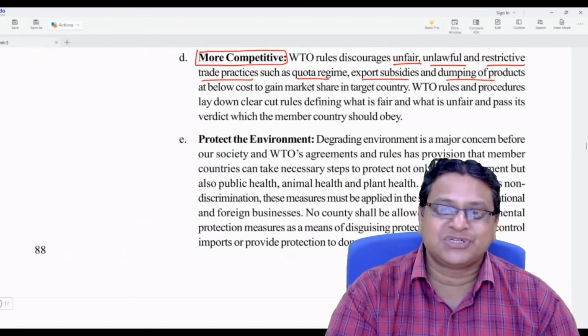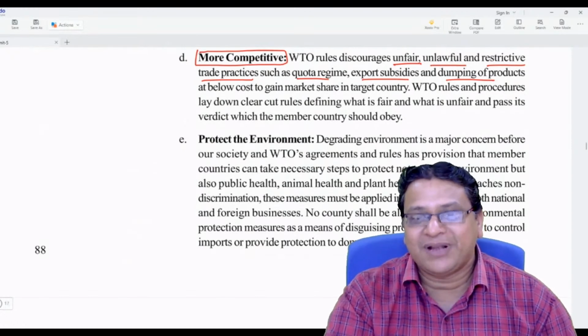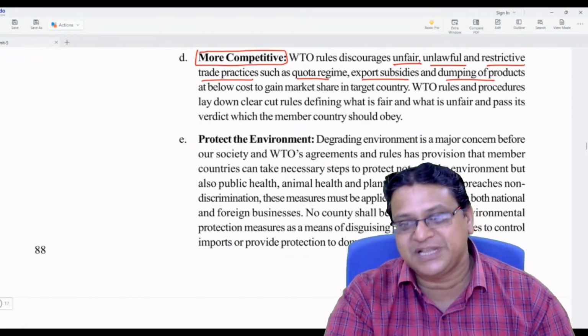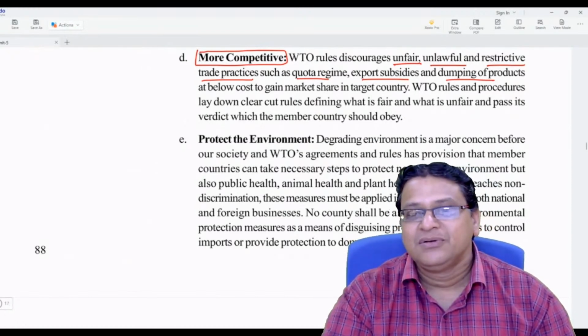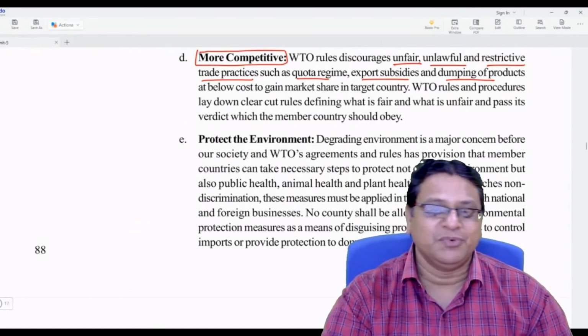So WTO rules and procedures lay down clear-cut definitions: what is quota, how much quota can be fixed, what is subsidy, how much subsidy can be given, what is dumping, and if dumping is there, what precaution a country can take. All these things are discussed under WTO.